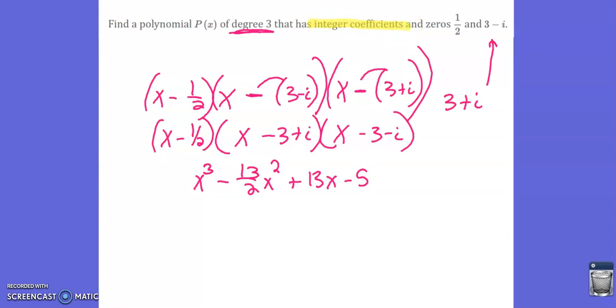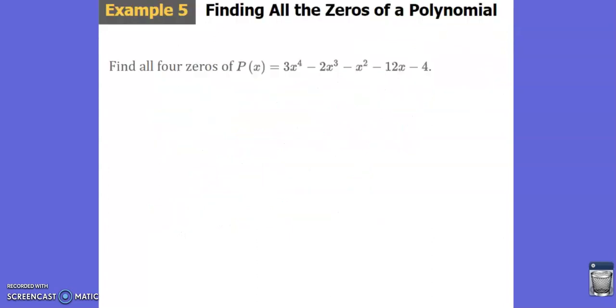Notice there is one fraction in there, so we're just going to multiply everything by 2. Now it becomes 2x cubed minus 13x squared plus 26x minus 10. So now it's a polynomial of degree 3, and it has integer coefficients. So that's how you would find that polynomial.